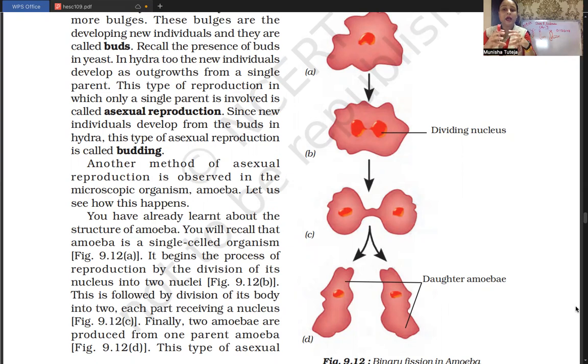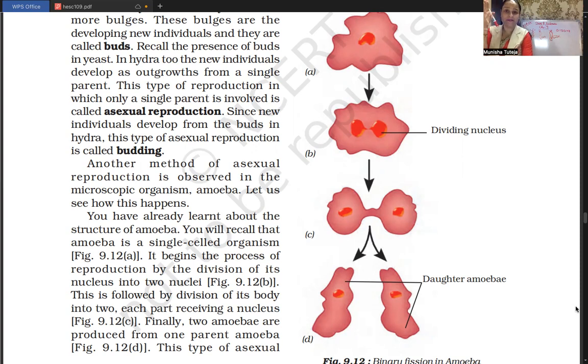As the nucleus starts dividing and the amoeba is growing in size, what happens now? The two nuclei are moving towards the separate ends of the amoeba, moving far apart from each other. And finally, the amoeba breaks down into two cells, that is two daughter amoebae, right? Daughter amoebae means two daughter cells of that parent cell.